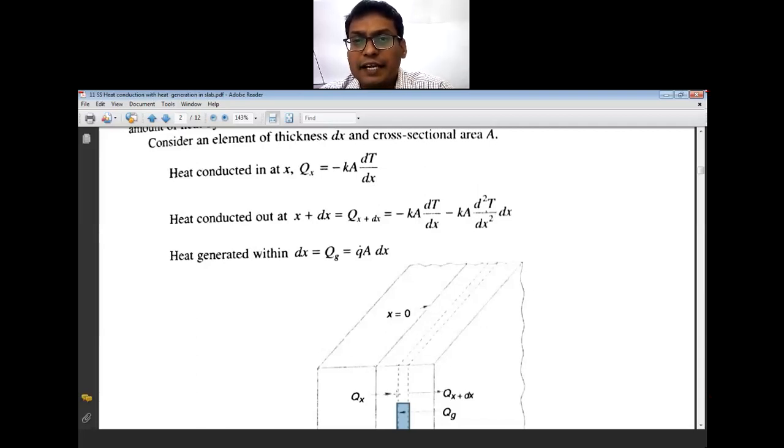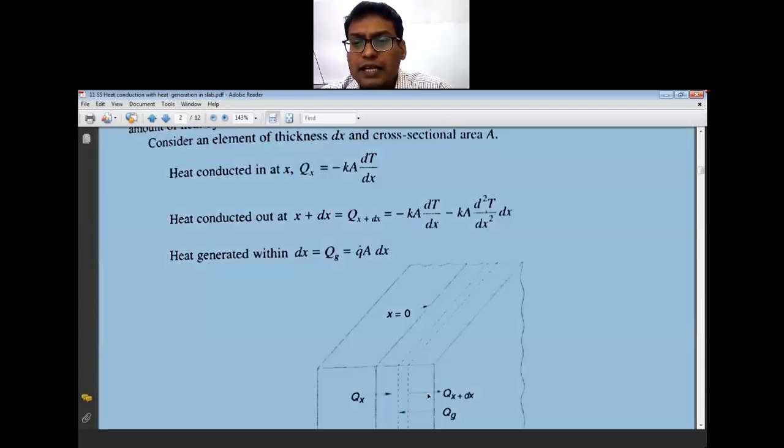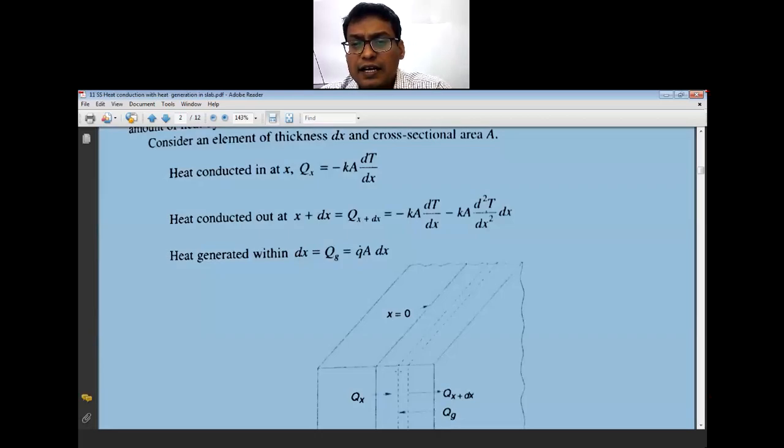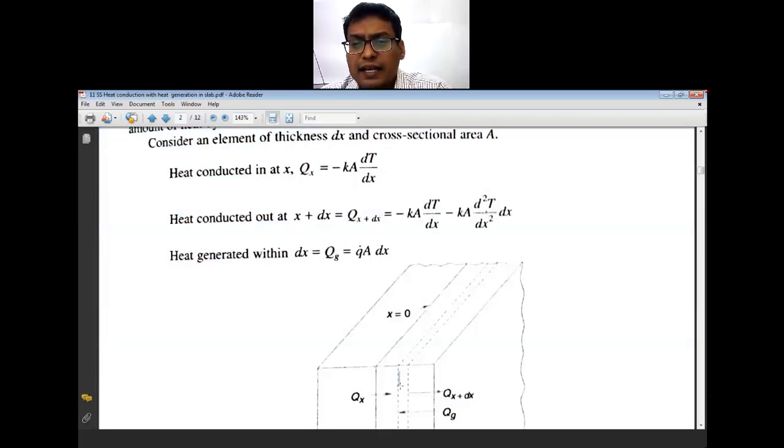The heat conducted out from this volume element is at a distance x plus dx, so this is at x and this is at x plus dx.